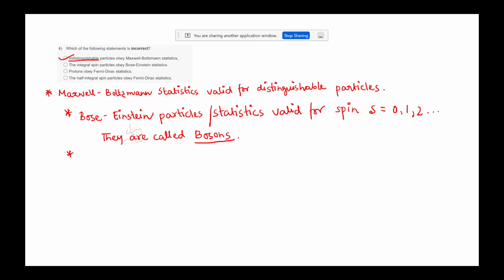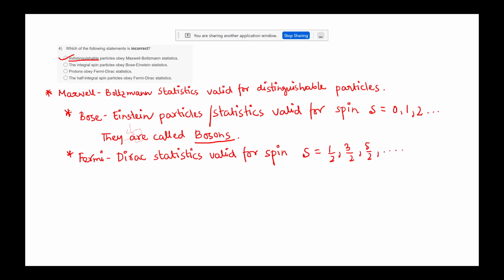The third option says protons obey Fermi-Dirac statistics. Now, Fermi-Dirac statistics is valid for spin equal to half, 3 by 2, 5 by 2, and so on.